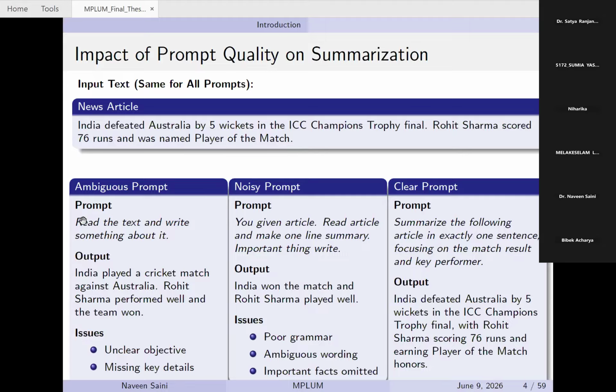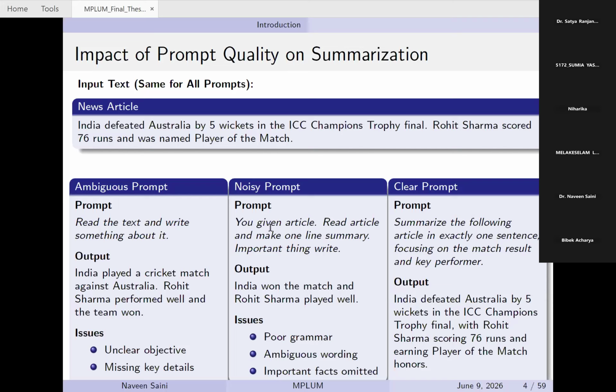Because we are not specifying which entities to focus on. It may generate the output: India played a cricket match against Australia. Rohit Sharma performed well and the team won. This is just basic information. It does not say how many wickets, how many runs, or who was the player of the match.